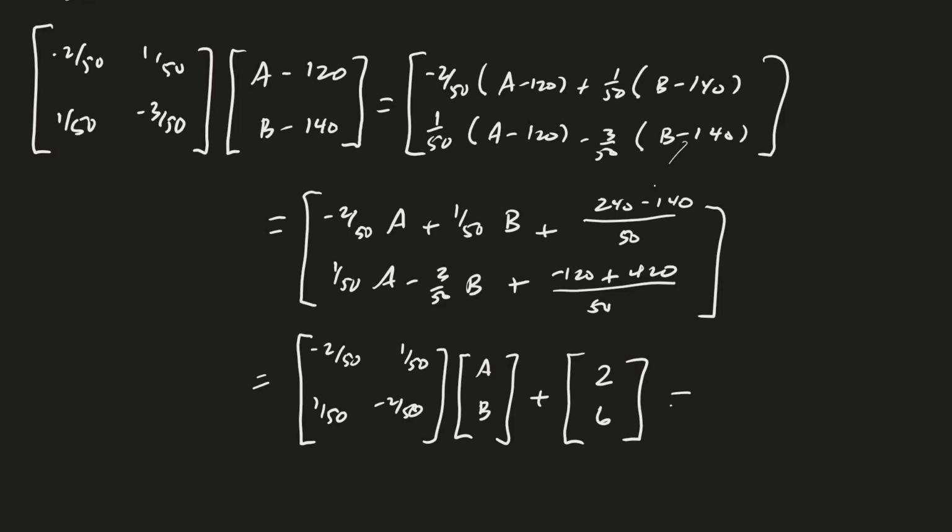And so you see here that this is A prime and B prime, which is X1 prime, X2 prime.